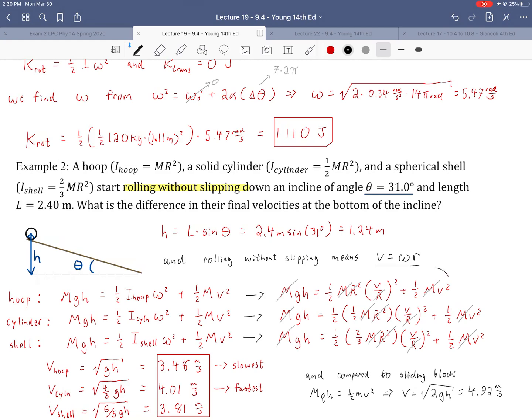Because there would be no rotational term, the 1/2 over here would become a 2 once we solved and isolated for v. Well, that means the block's the fastest.